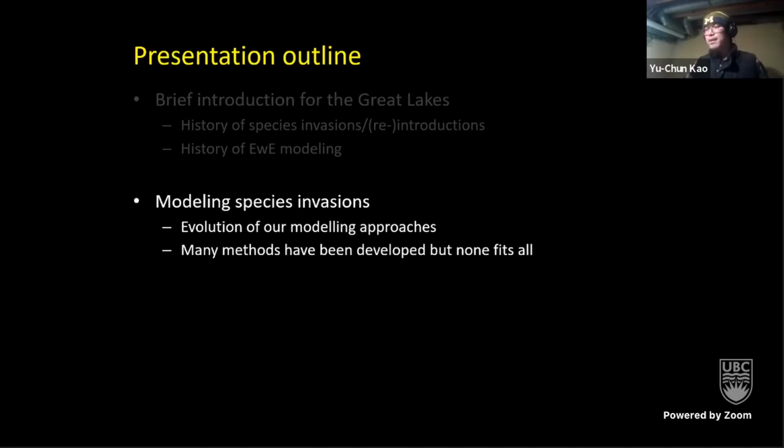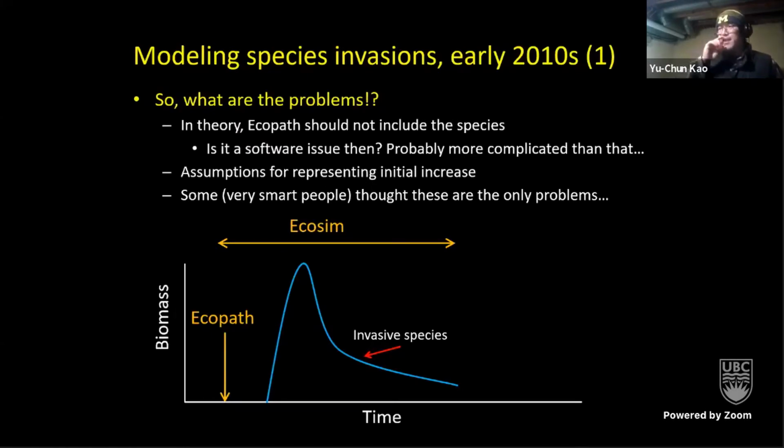But the problem now really is modeling a species invasion. That means the species is not in Ecopath. So, for example, when we want to model zebra and quagga mussels, you may have the Ecopath year here. To us, that's the early 80s.